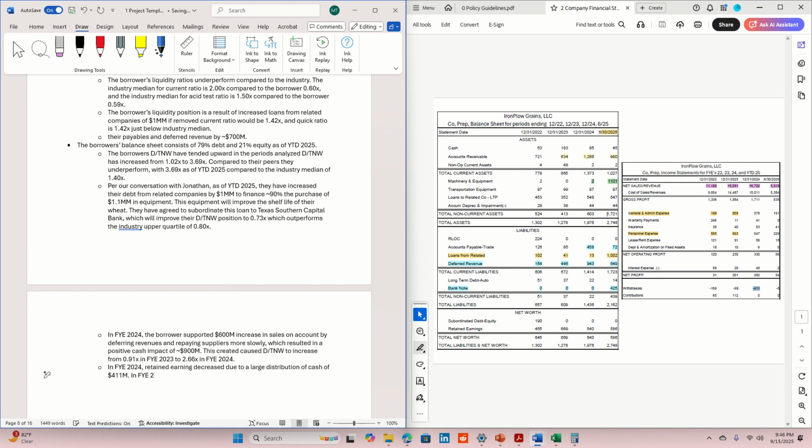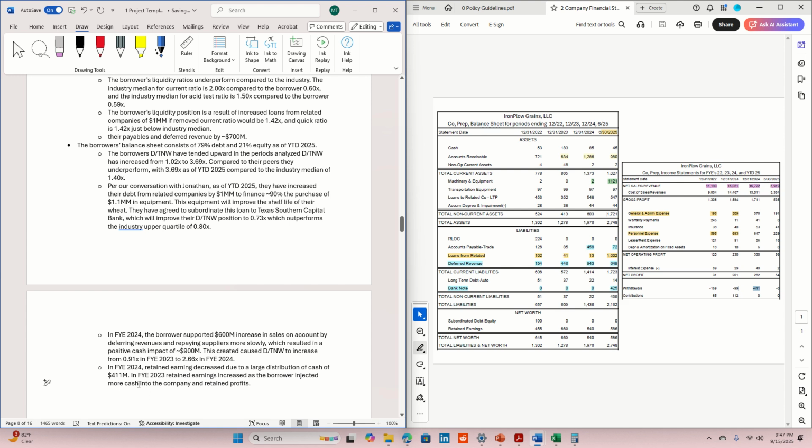Fiscal year end 2023, retained earnings increased as the borrower injected more cash into the company and retained profit, right?